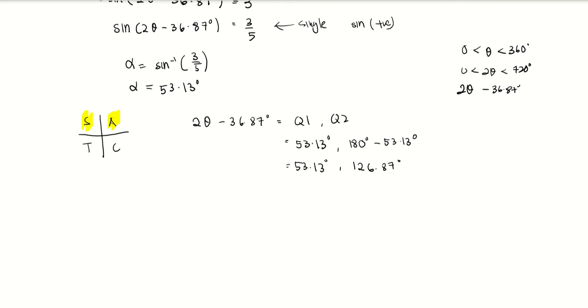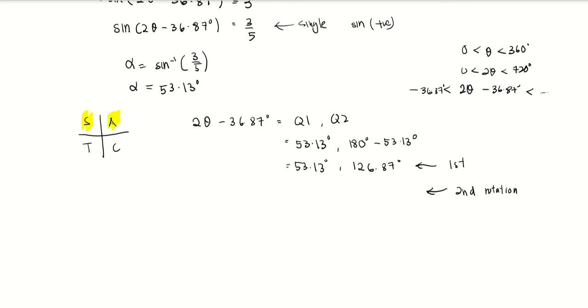So that means 2 theta minus 36.87 is between negative 36.87 and 680 something, which is 2 rotations. We already have the answers for the first rotation, so we need to find the answers for the second rotation. For the second rotation, we just add 360 to these two answers.